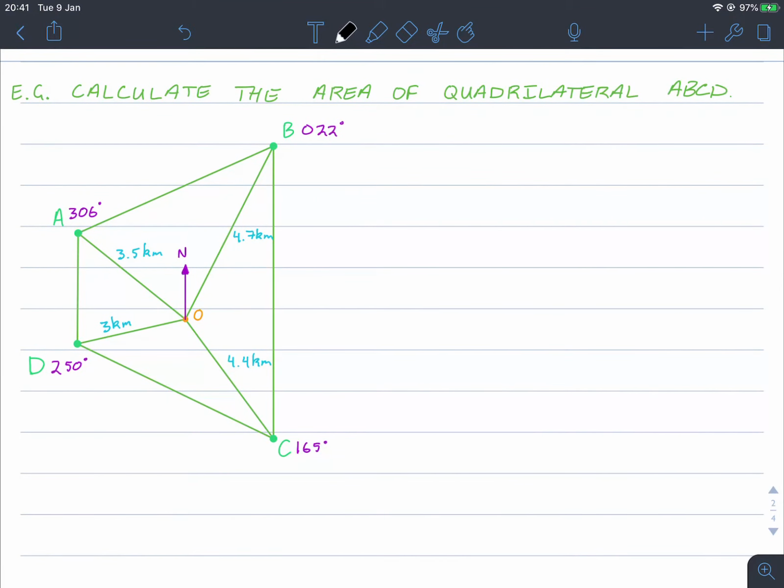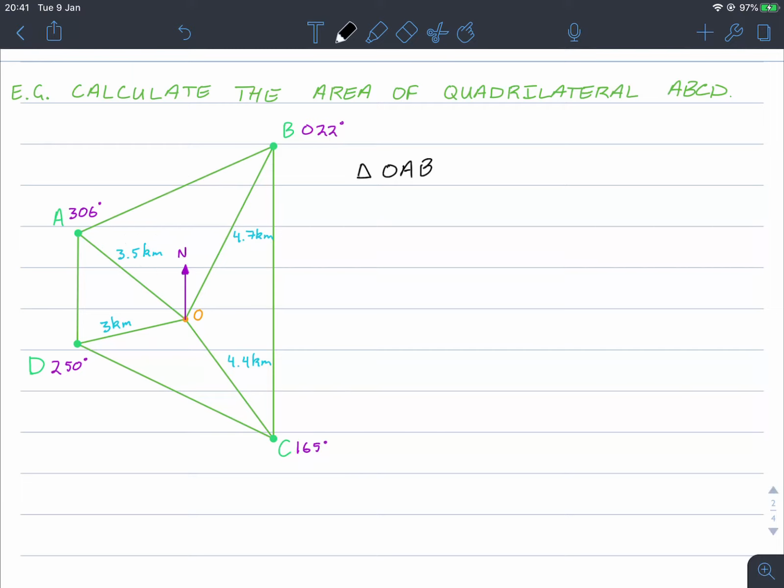Let's calculate the area of quadrilateral ABCD. We want to find this entire area that I'm highlighting. We're going to do that by breaking it down into 4 different triangles. We have triangle OAB, this triangle here.